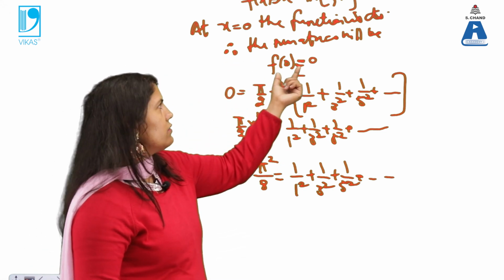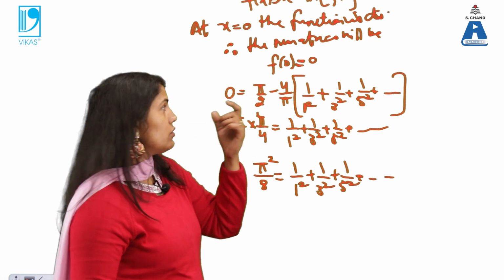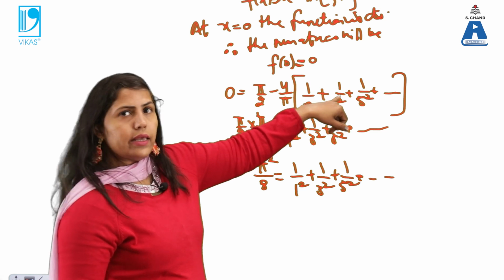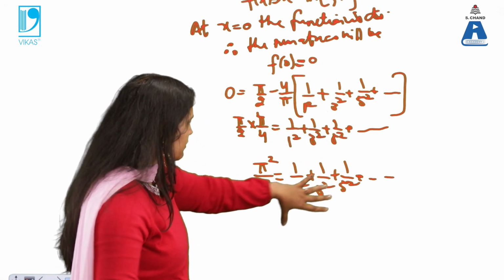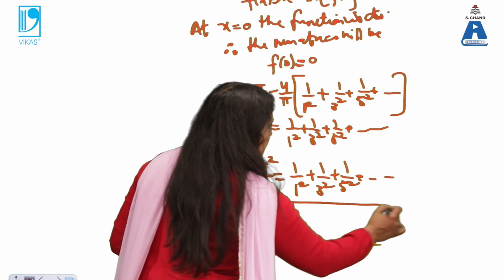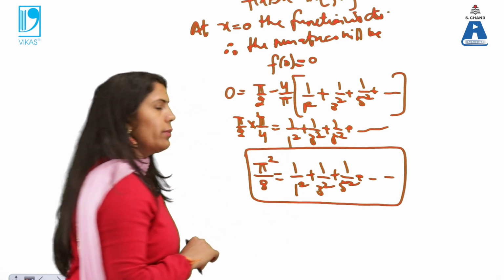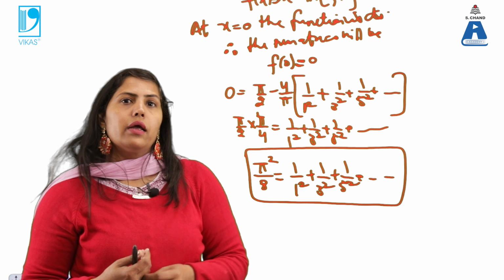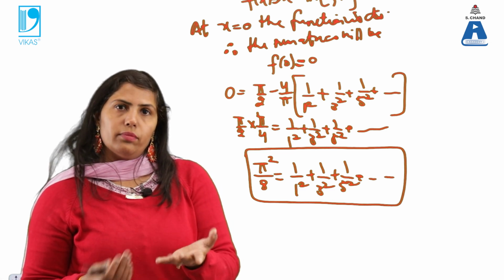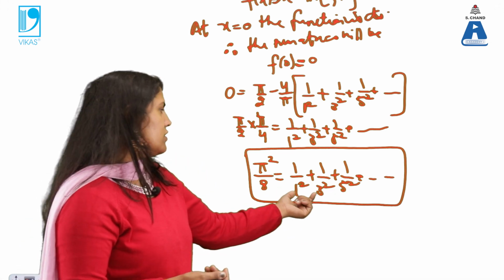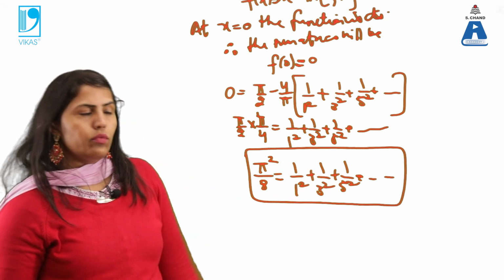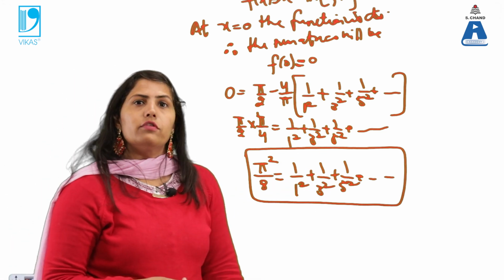Because this point is continuous, the sum will be f(0), that is 0, and on the RHS when I take x equal to 0, I get this particular series sum, which is simply pi square by 8. That has come only from the Fourier series concept. You haven't learned it or seen it anywhere before.